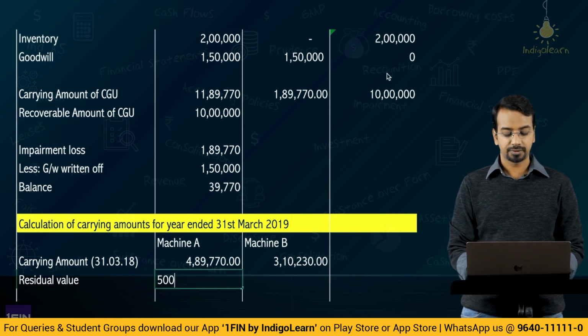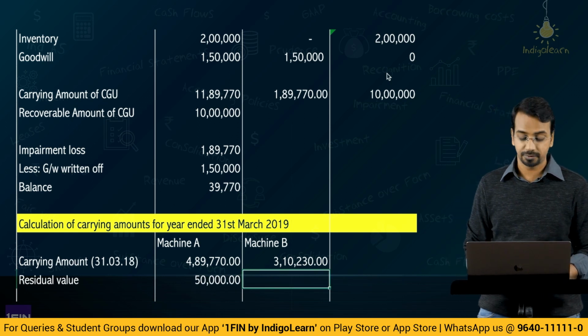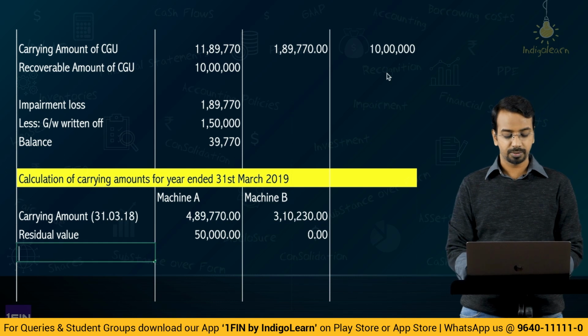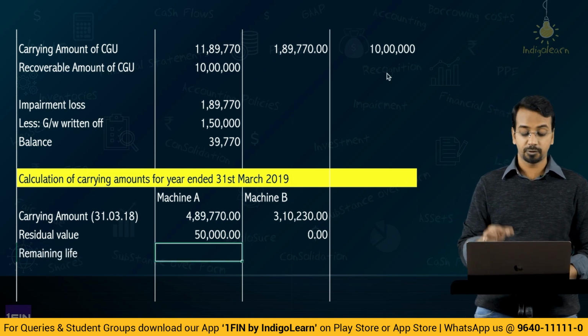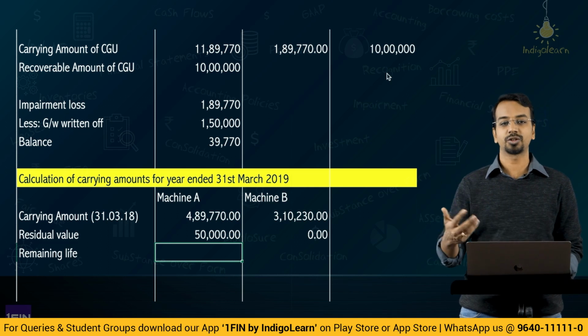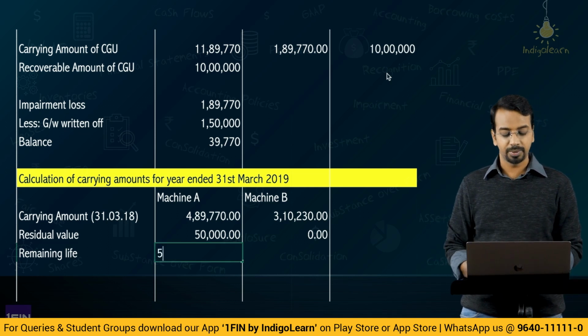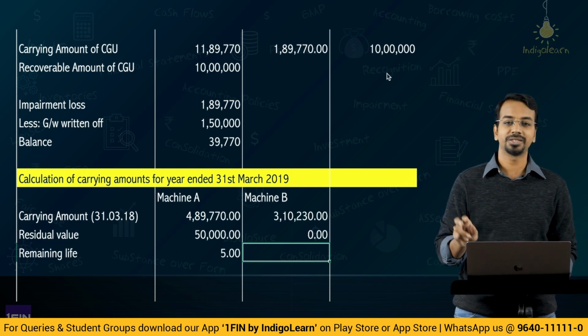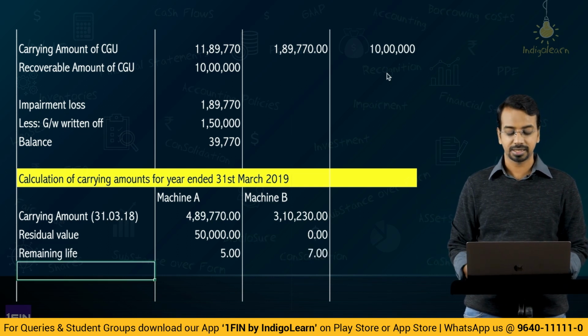Residual value will be at 50,000 for machine A, and for machine B residual value is 0. What is the remaining life? Remaining useful life, if you see, for machine A we have already charged off depreciation for 5 years, remaining useful life is 5, and for machine B we have charged depreciation for 3 years, remaining life is 7.